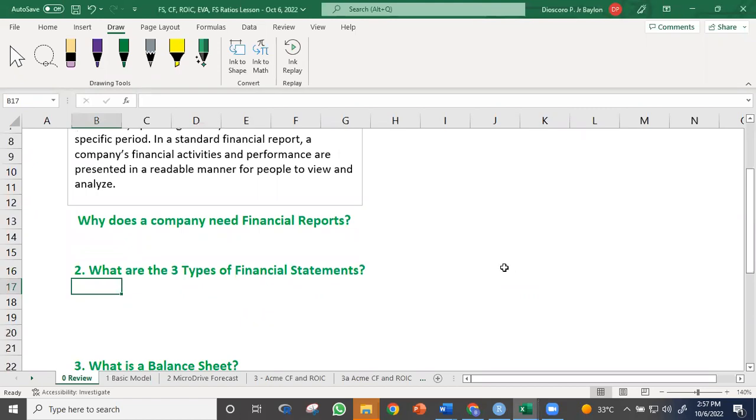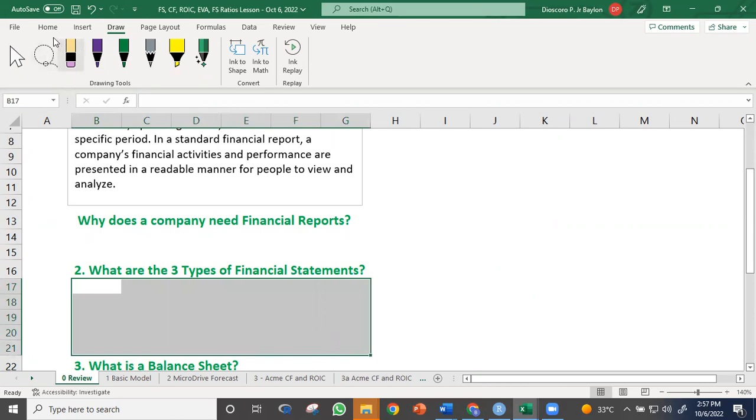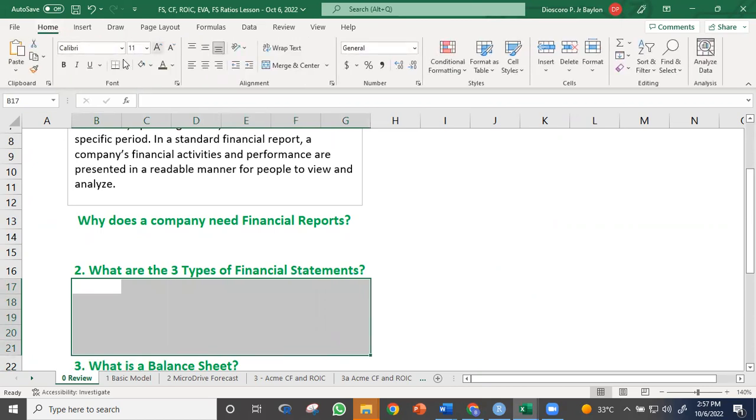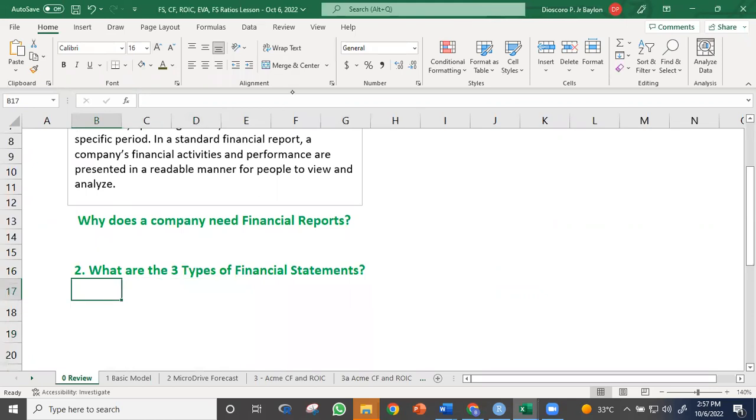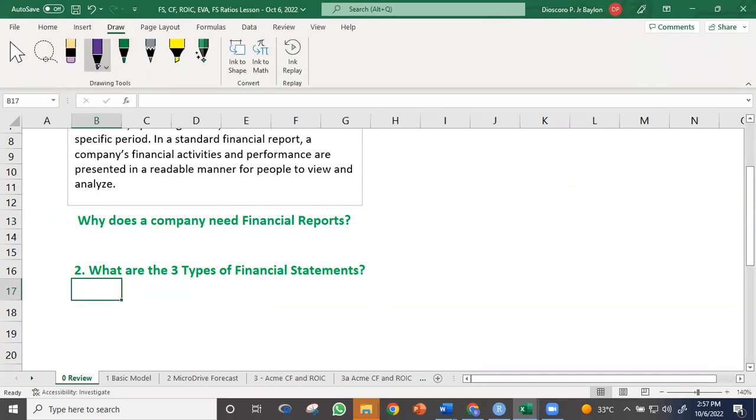Okay, so from your accounting subject, we know that there are three basic types of financial statements. Some others would say there are four. So let's just identify what they are. So first, what do you have, class?